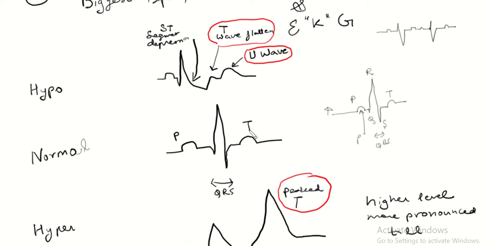So the biggest, most important area to look at for potassium disorders and changes with EKG is T. If this T peaks, you got too much potassium because it's peaking. If this T wave flattens out, it's going down, you got less potassium. That's it. That's actually the biggest change.